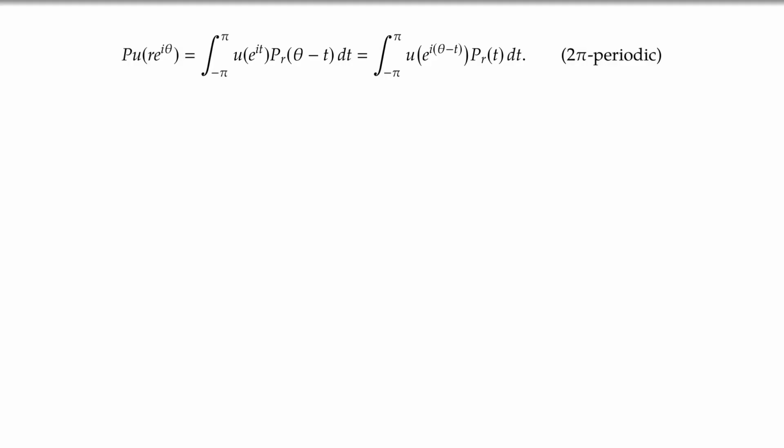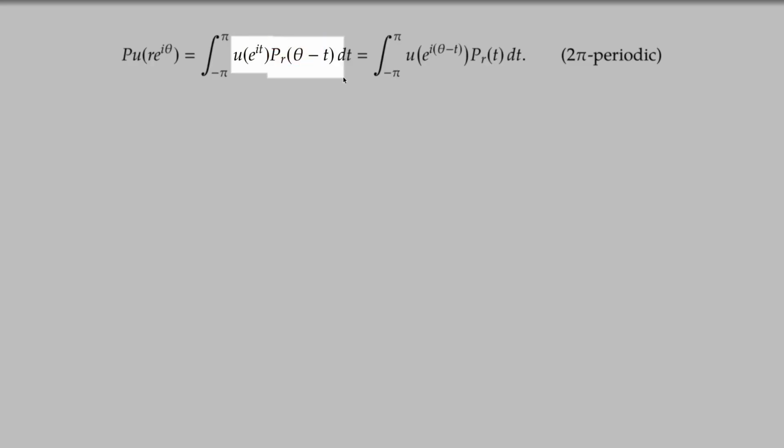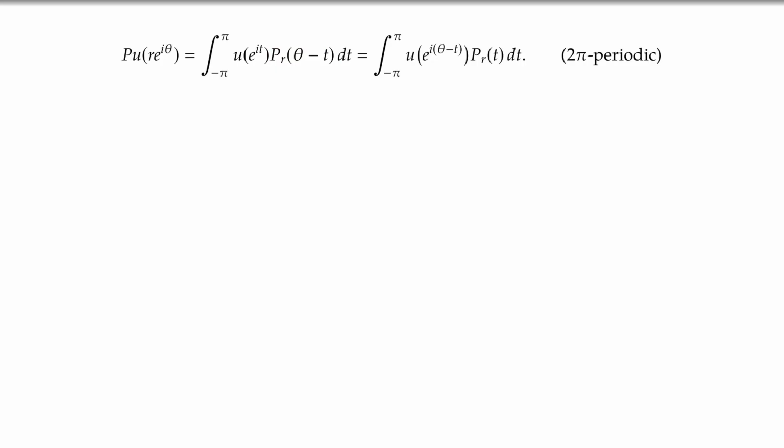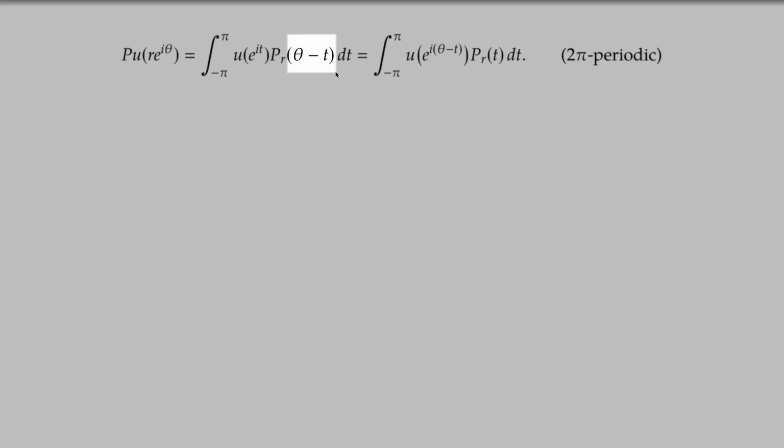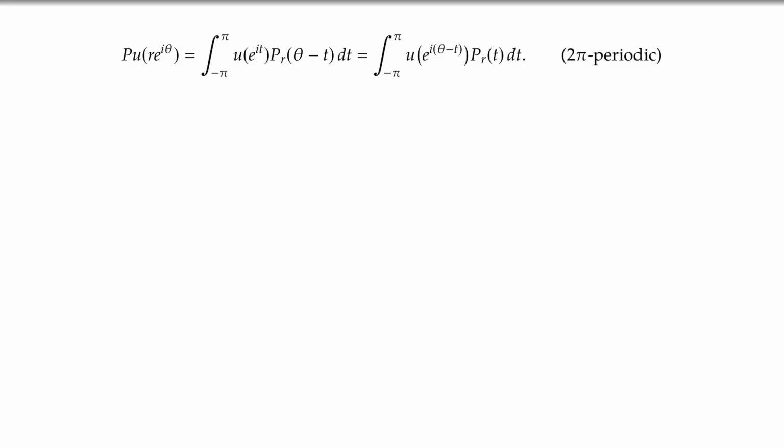After the change of variables, you're just integrating over some interval of length 2π, so you can move that by the 2π periodicity of both this function as a function of t and this function as a function of t. They're both 2π periodic because in the formula this guy came up with that cosine, and that's 2π periodic.